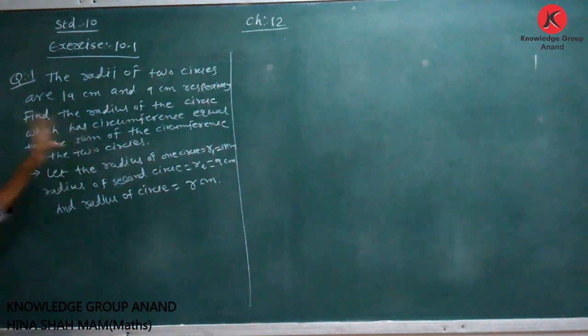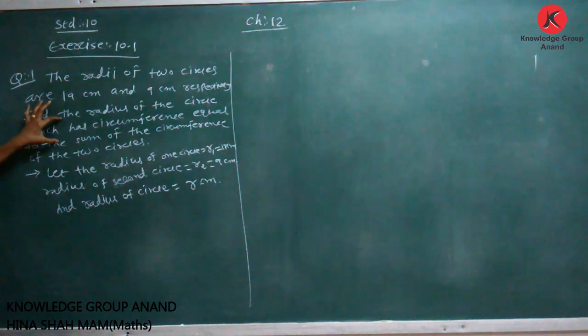It is the sum of the two. According to the equation, the circumference equals the sum of the circumferences of the two circles.